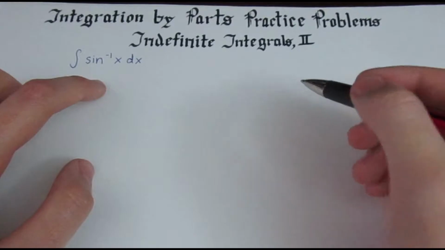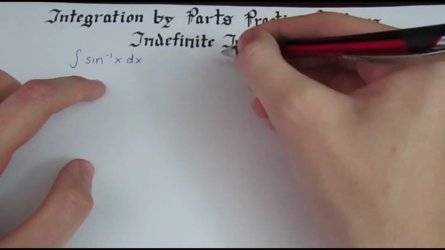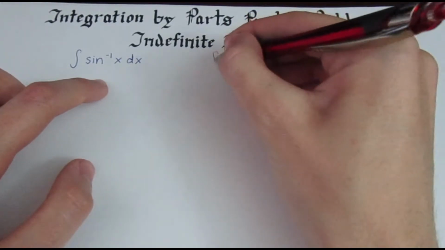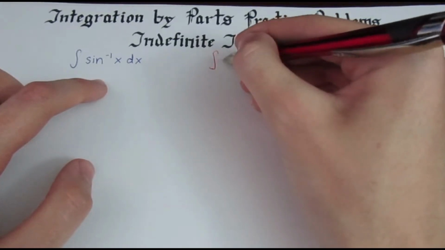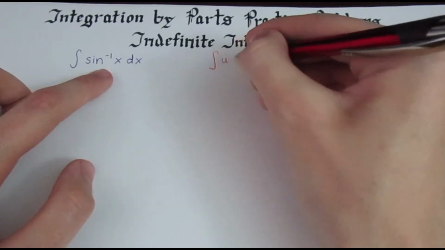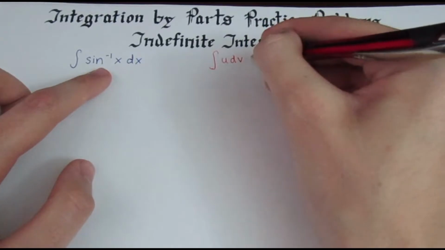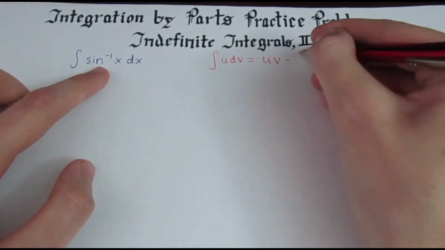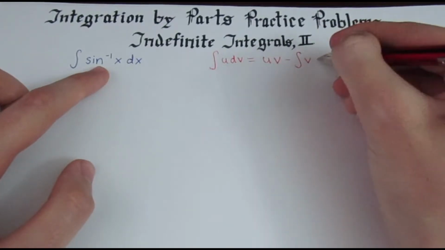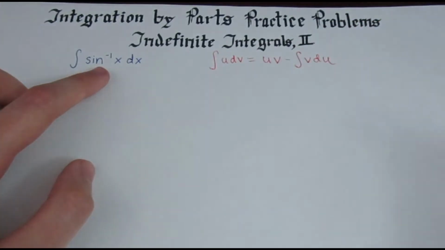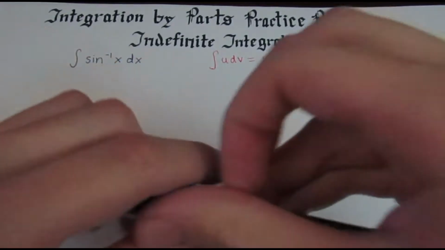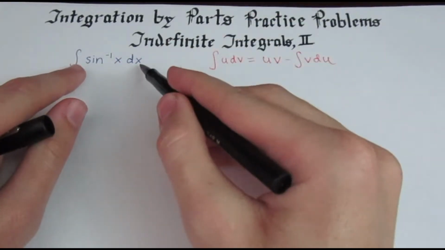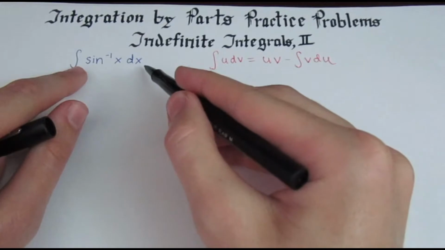First, let us recall what the formula is, which I derived in a previous video. It is the integral of u dv equals uv minus the integral of v du. So we want to find a u and we want to find a dv.